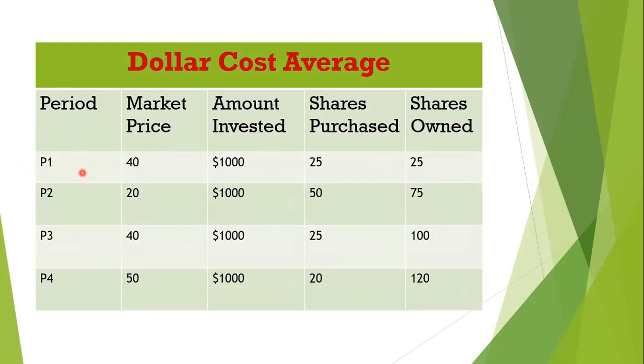Okay, a month. So in month one, the market price was $40 and you invest $1,000. That is a fixed amount. So the shares that you purchased were only 25 and the shares you own are 25.